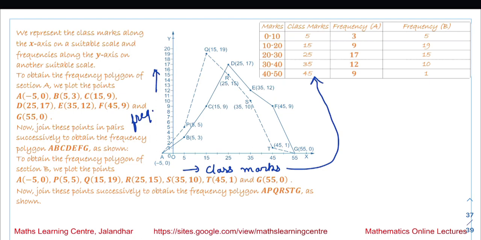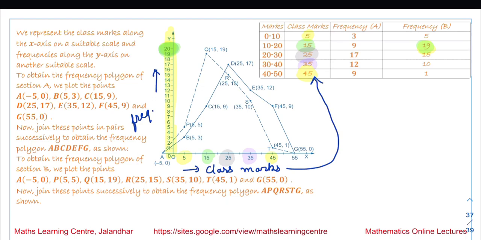The class marks are 5, 15, 25, 35 and 45. These are the 5 points we have. The maximum frequency we have here is 19, so on the y-axis we are plotting the frequencies, and we have taken the points up to 20 along the y-axis. So we have plotted these points.